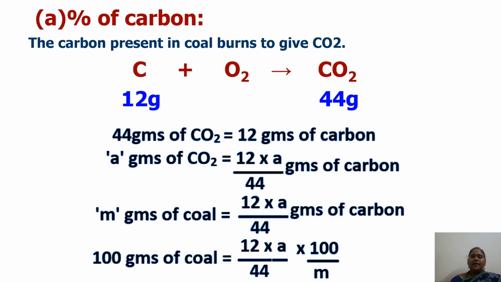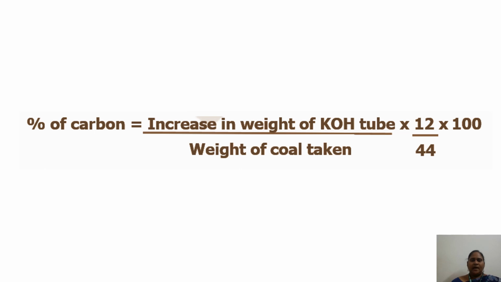Therefore, 100 grams of coal contains 12 by 44 into A by m into 100. Hence, the percentage of carbon is given as increase in weight of KOH tube divided by weight of coal taken into 12 by 44 into 100.